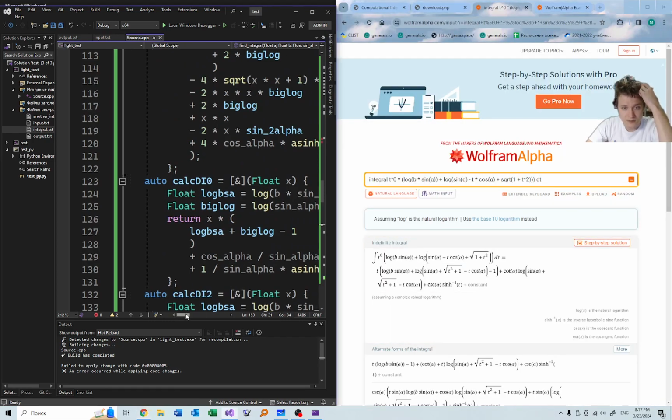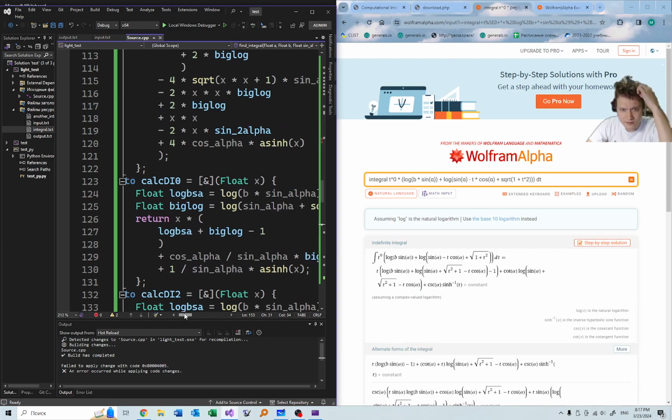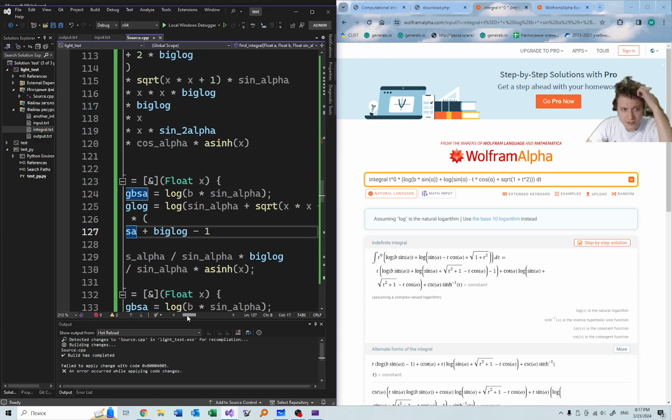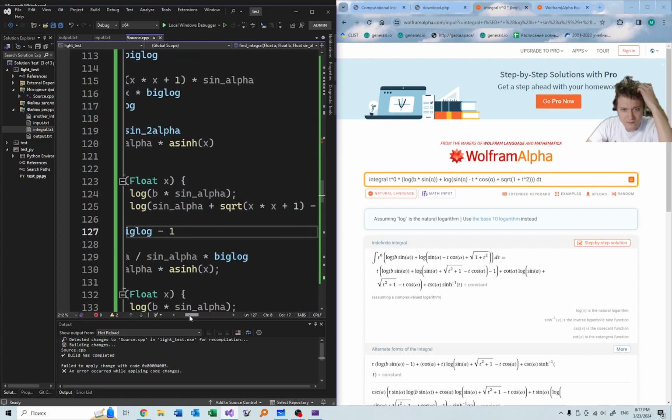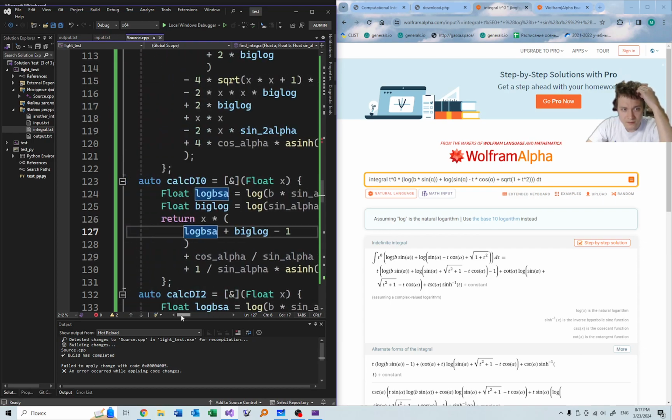again. So I expect here to be exactly this thing. So t times logarithm of b sine alpha. So also we have a big log, which is logarithm of sine alpha plus square root of t squared plus 1. Yes.